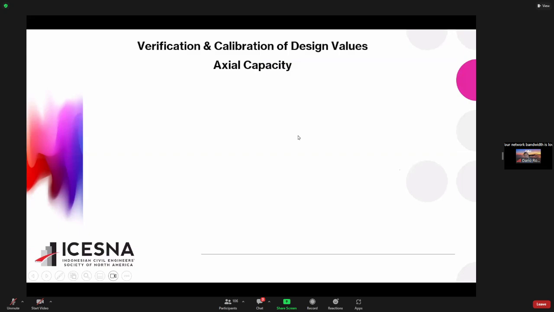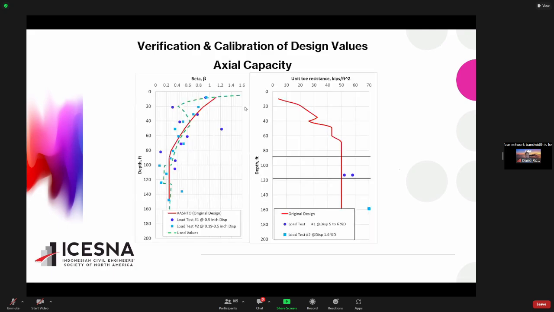When you do the test, you want to use the result to verify your design, or to calibrate your design so you have a better prediction of your pile capacity. Here I'm showing the beta value, the side resistance. The red one is the value that we originally used based on the AASHTO, and the dots are the results from the 2 load tests we did.